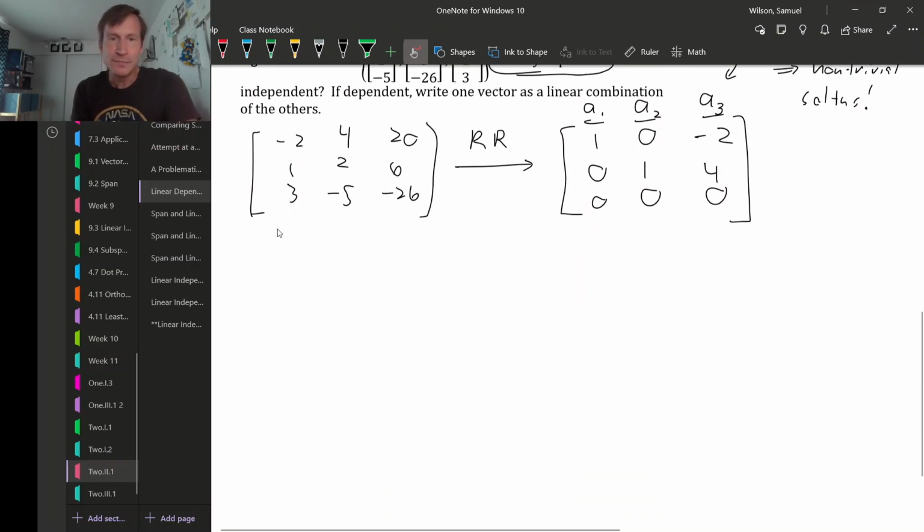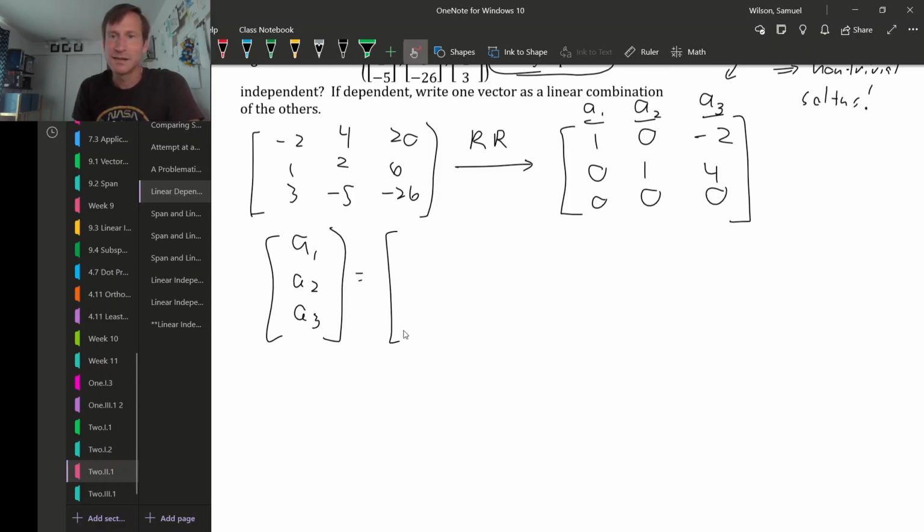So if we write out the solution set to this system, A1 has to be 2 times A3, A2 has to be -4 times A3, and then A3 is free. Now remember, we just need a solution. It doesn't have to be any particular solution.